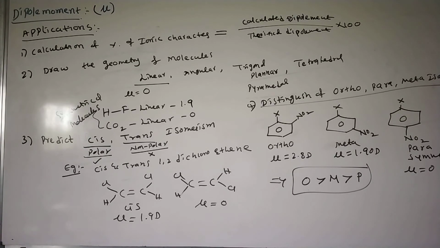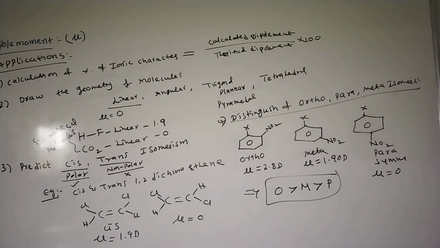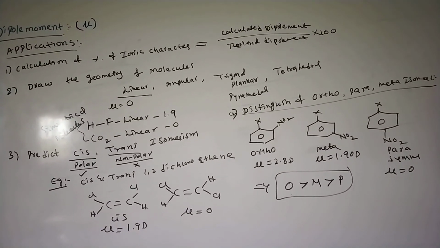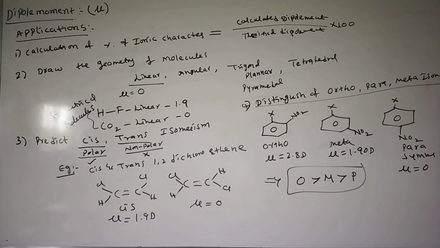Trans means non-polar, zero dipole moment. We distinguish the ortho, para, meta isomers, where ortho has more dipole moment than meta than para. This is about the dipole moment.